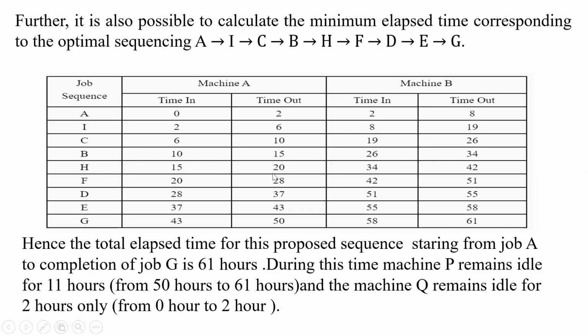And as soon as machine A gets free and finishes the job, that job will go to machine B, and it performs time in at 2. Now time out is 8.